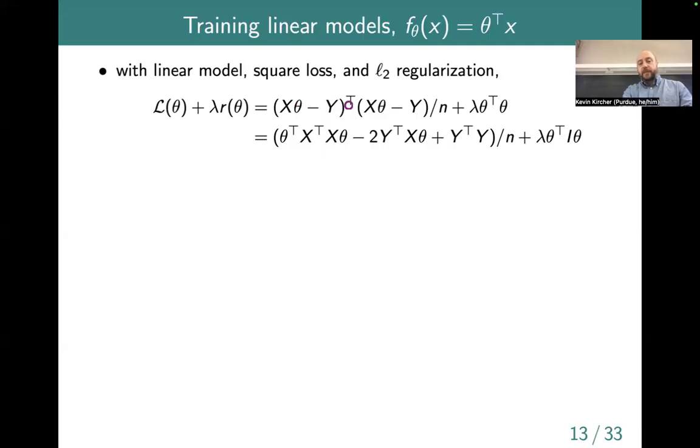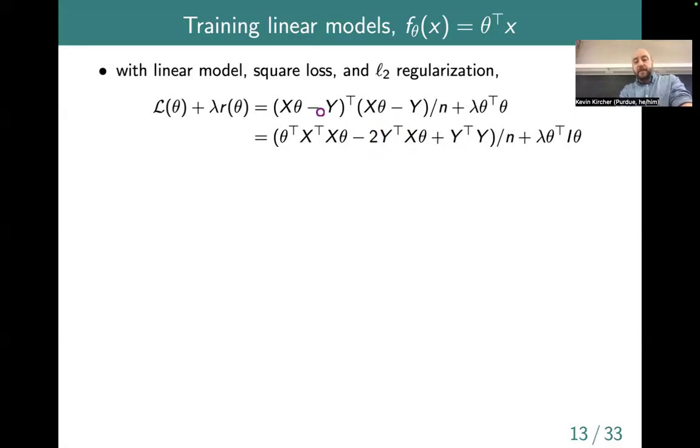Here we apply the transpose to all of these elements and multiply the first stuff together. That gives us this theta transpose X transpose X theta term. Then we have two terms that each have a y multiplied by an X theta in it. Those are all scalars, so everything on the right-hand side is a scalar, and we can add those terms together.